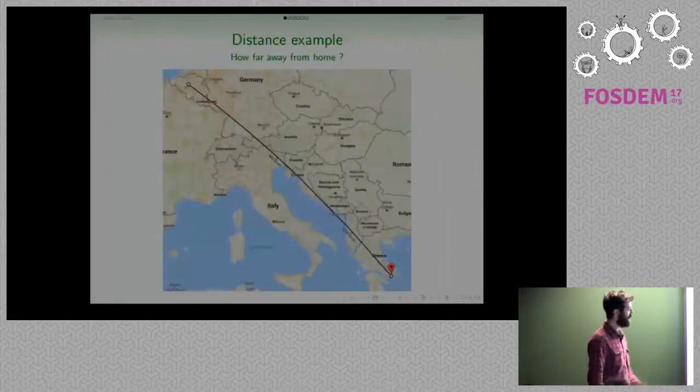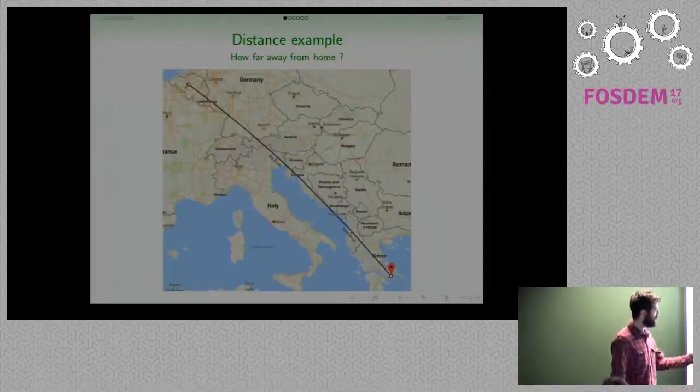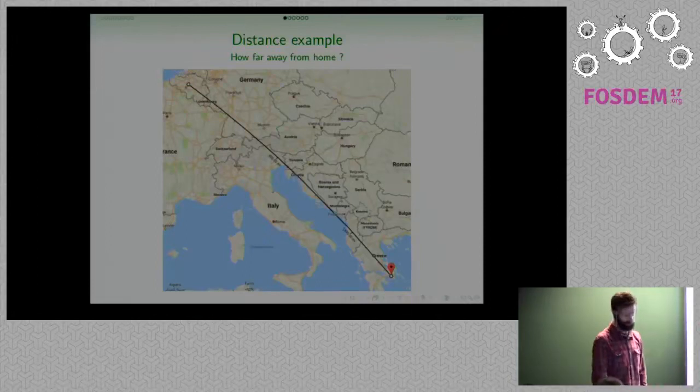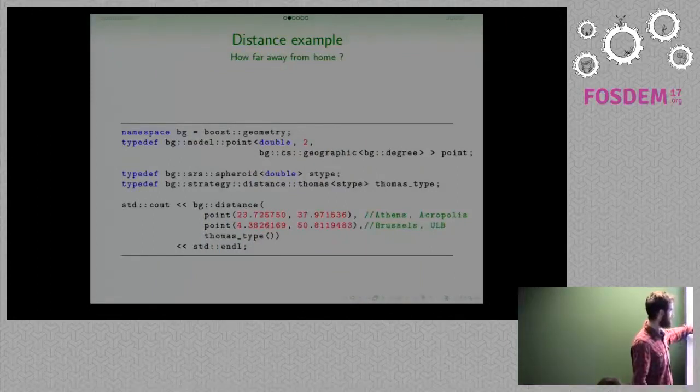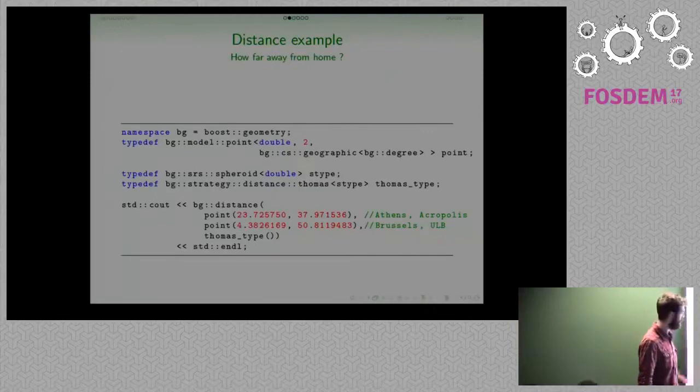So again, I will give a similar example as my colleagues. I'm from Athens, so I calculate the distance from my home to the event. I use Boost Geometry for this. Probably you have understood from Adam's talk what all these definitions are about. Here I also define a spheroid, and I define a strategy, which is, let's say, Thomas. It's one of these 3 strategies that I showed before.